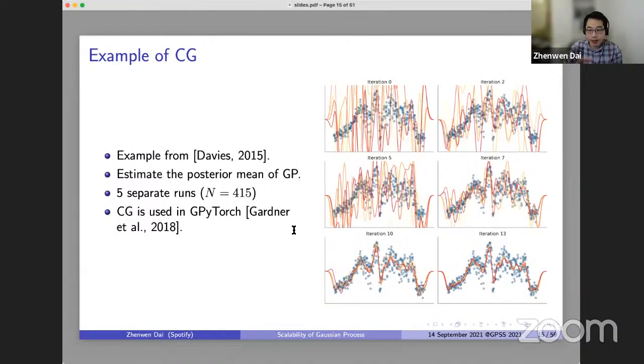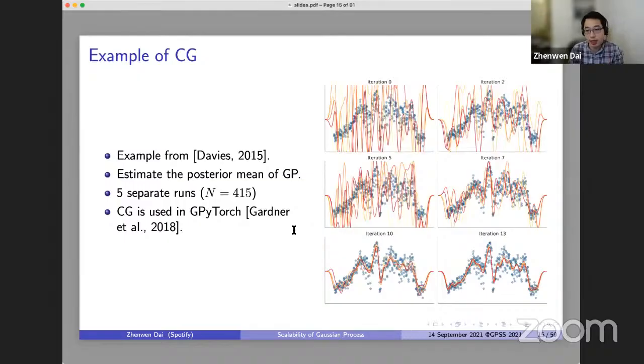And I take some nice examples from Alexander Davis' thesis, which, by the way, if you want to look into this type of method, I highly recommend. It's a really nice write-up about the conjugate gradient method in the context of Gaussian processes.